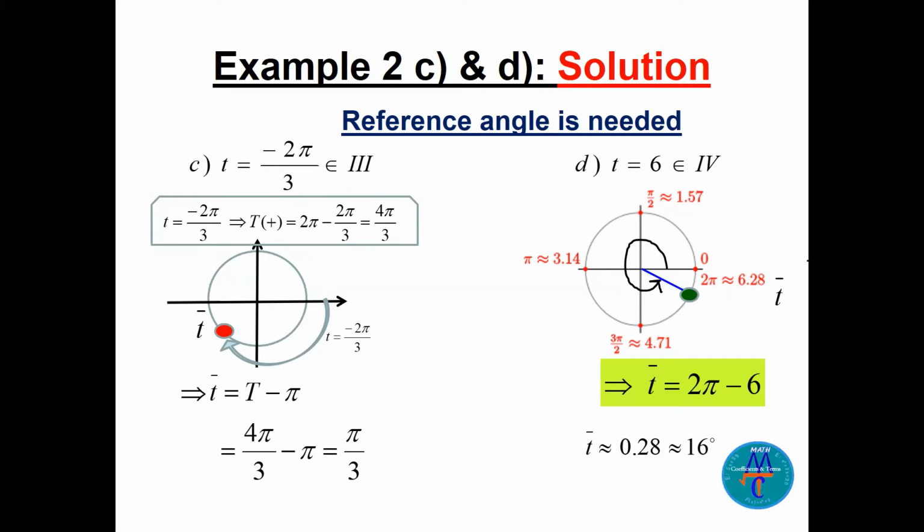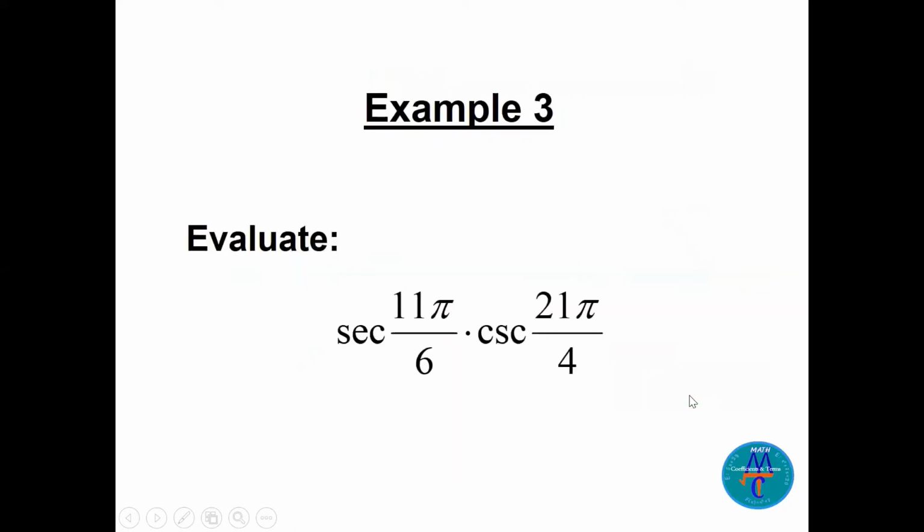Now to find the angle t dash, it will be 2 pi minus the 6. That's t dash, only 2 pi minus 6. Now you can find it in radians, 2 pi, which is 6.28, minus 6. You can say 0.28 radians, or if you convert it to degrees, approximately 16 degrees. But this is the correct answer here, the best answer.